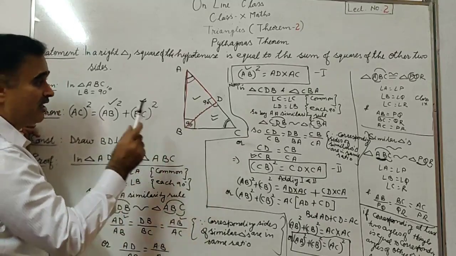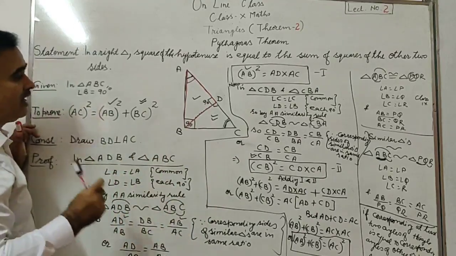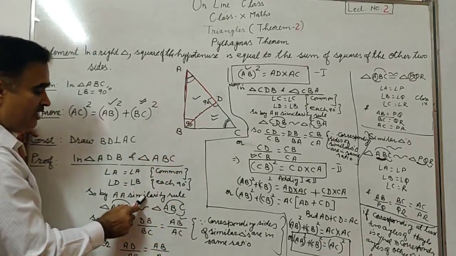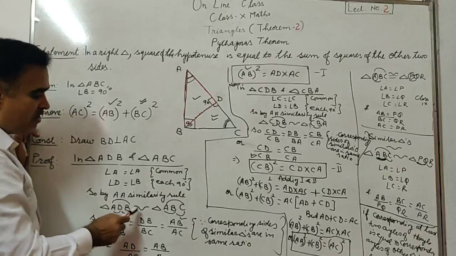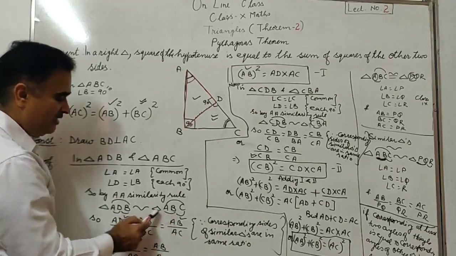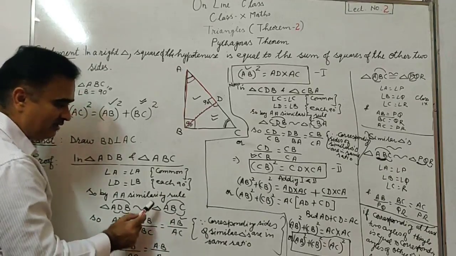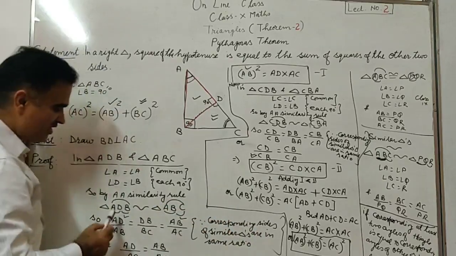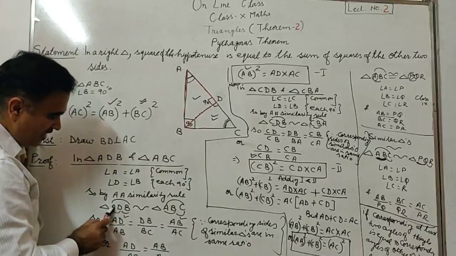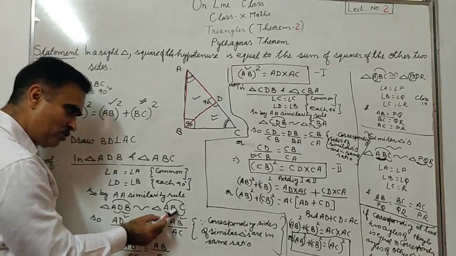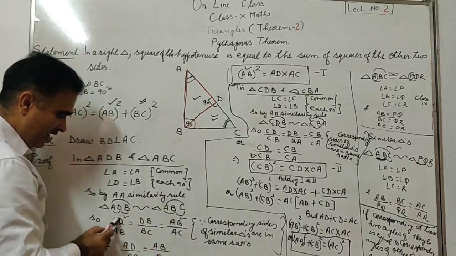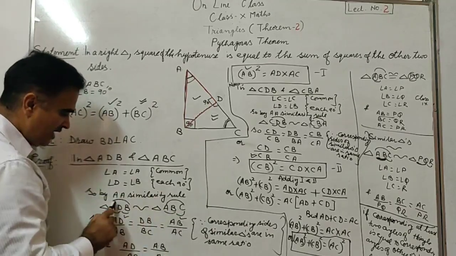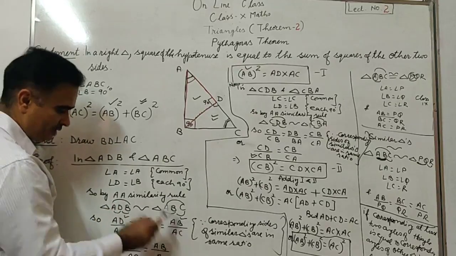I told you that if at least two angles of one triangle are equal to two angles of another triangle, then both triangles are similar. Then triangle ADB is similar to triangle ABC, and the corresponding sides of similar triangles are in the same ratio. Corresponding sides mean we take the first two alphabets: AD upon AB equal to DB upon BC, and then AB upon AC.